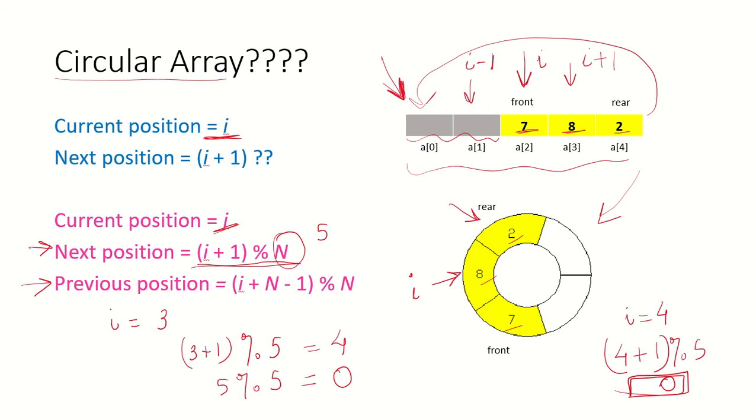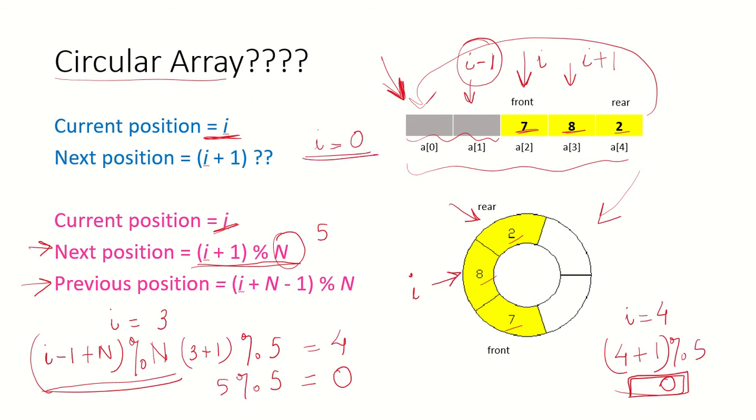In a circular array, the previous position is I minus 1, the way we had over here, but we add plus n over here to avoid negative values, modulus n. So suppose our current subscript is 0, then what will be our previous position?